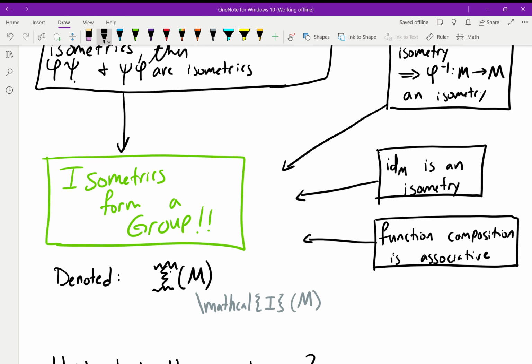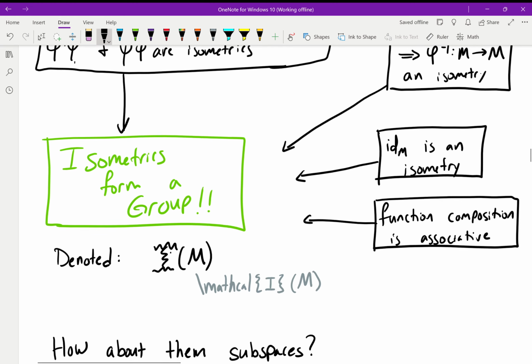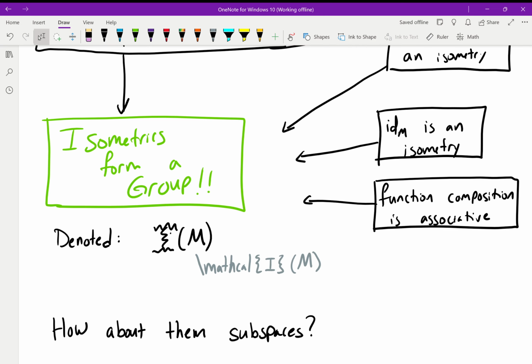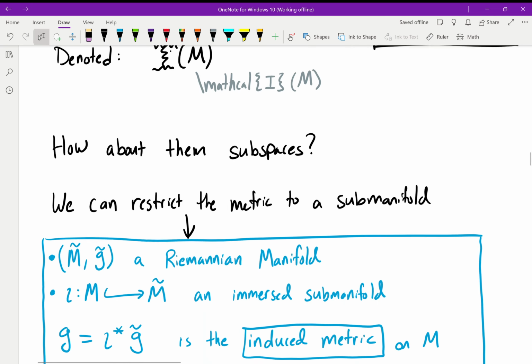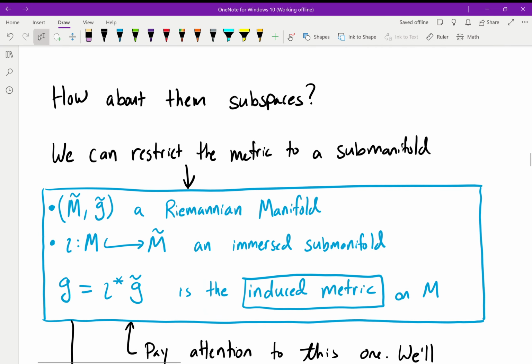So, great. Now that we've talked about when things are the same, we'll do the other thing that topologists like to do. When does one thing live inside of another thing? In other words, how about those subspaces? One thing that's really nice is that we can restrict the metric on our manifold down to a metric on a submanifold.